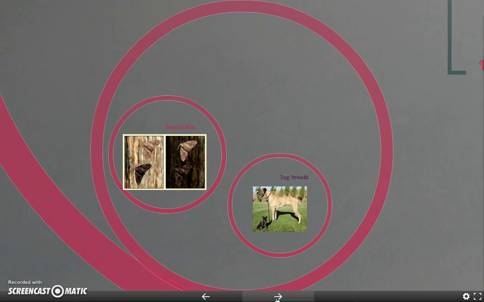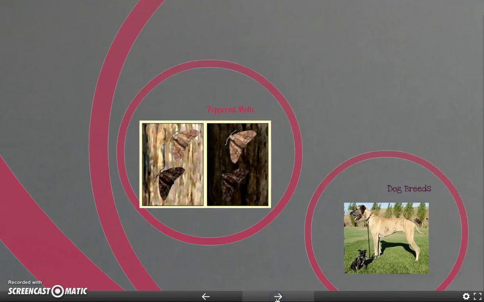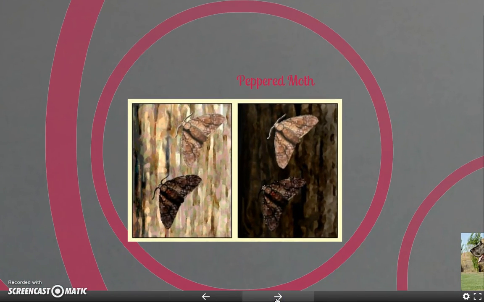Two other examples that you're familiar with are the peppered moth that we learned about that was observed during the Industrial Revolution in England. In its native form, it was a lighter colored moth that was able to hide on the light colored background of the tree bark in the forests where these were found.